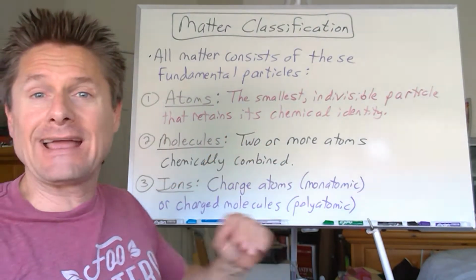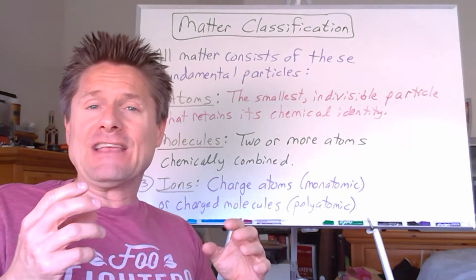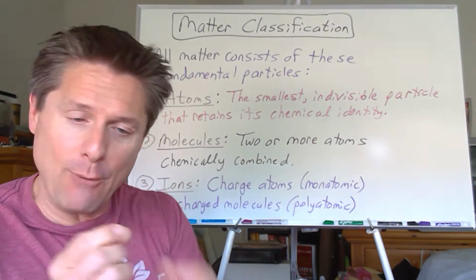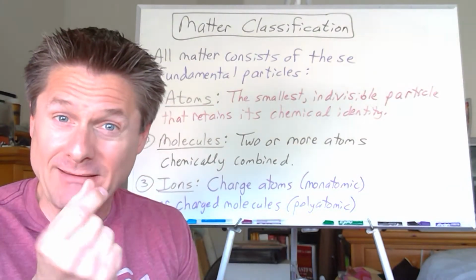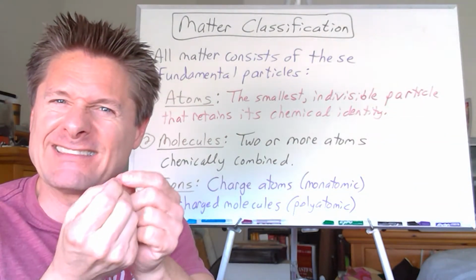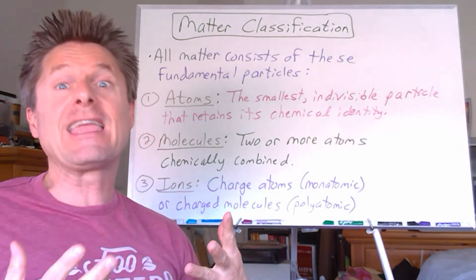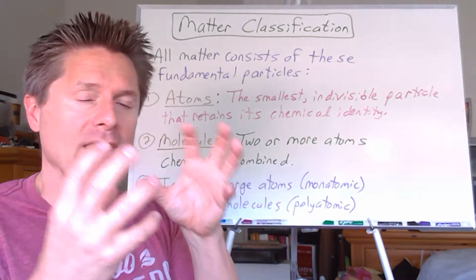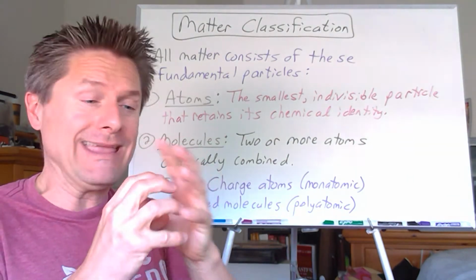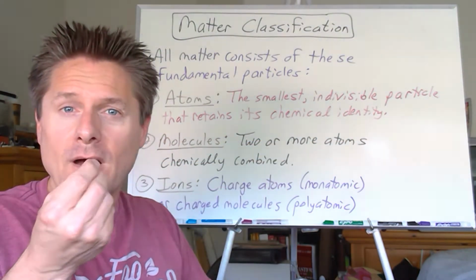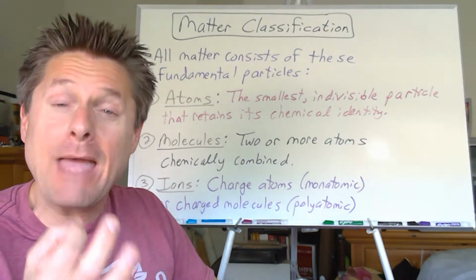But I want to introduce that concept because an atom is the smallest fundamental particle that retains a chemical identity, right? It's indivisible. We're going to find out later that it consists of subatomic particles. You've heard of electrons, protons, neutrons, but those don't have a chemical identity. When you combine those together in a specific way, you get an atom, the smallest fundamental particle of matter that retains a chemical identity.